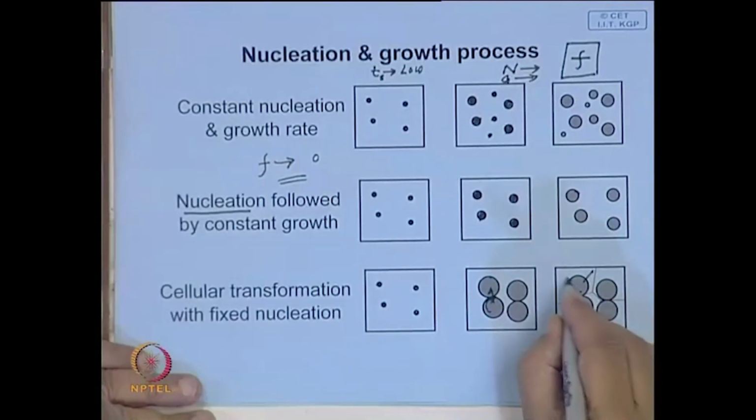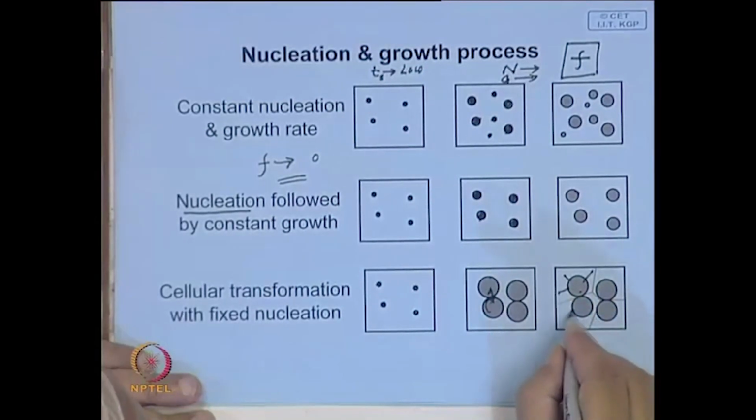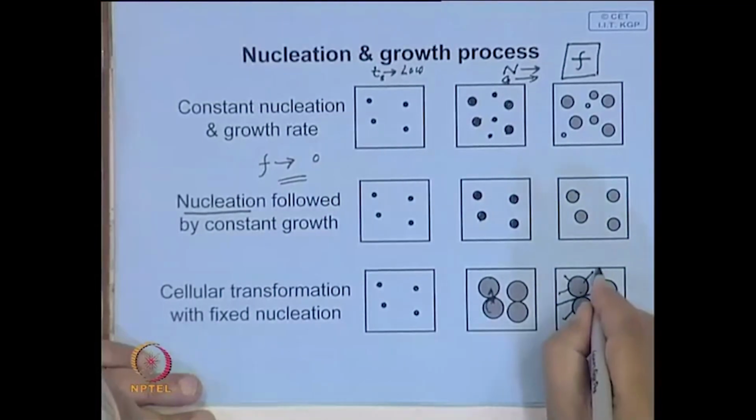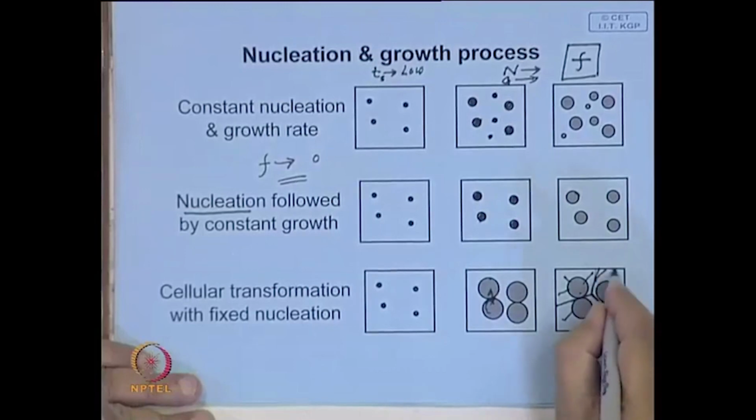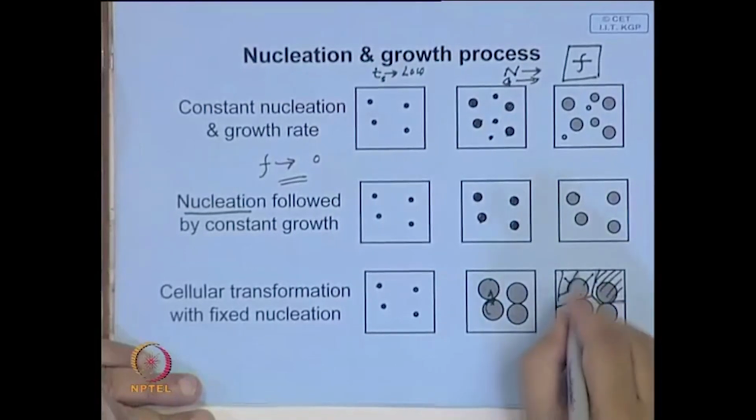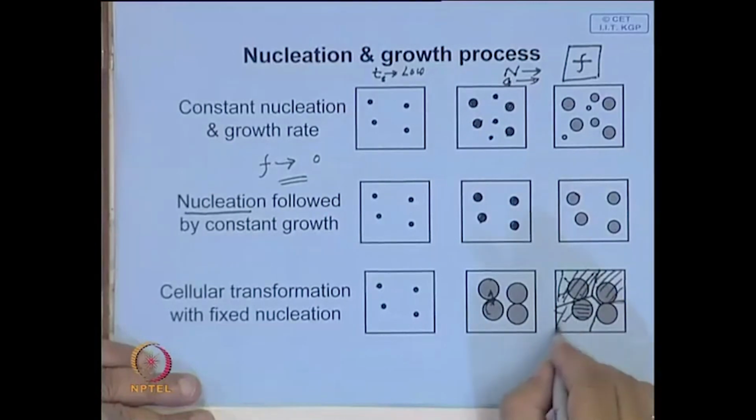So, this will grow in other directions, and ultimately you will have this kind of structure. So, the entire area is pearlite, let us say.